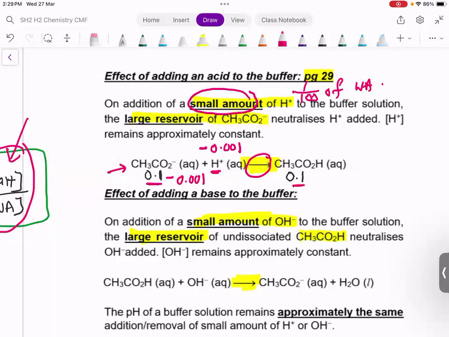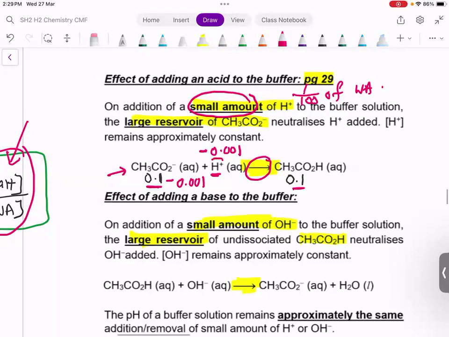Therefore, the conjugate base will drop. Drop by how much? Drop by the amount required to remove the H plus. So the H plus is 0.001. Your conjugate base will drop by 0.001. Then what will happen to the weak acid? It will increase by 0.001.